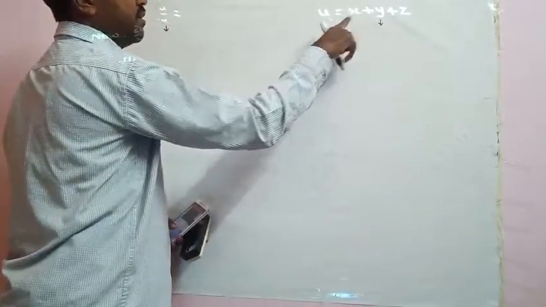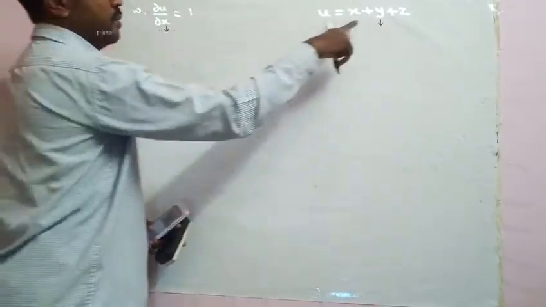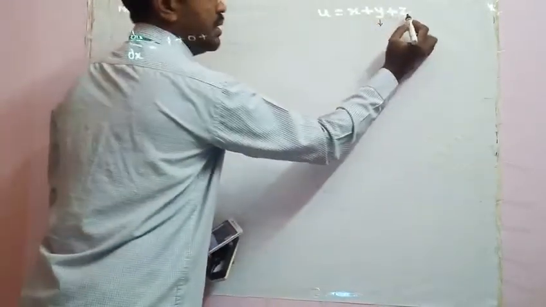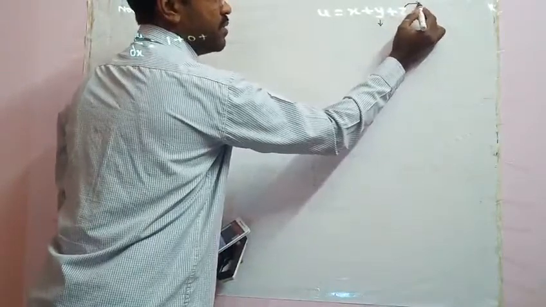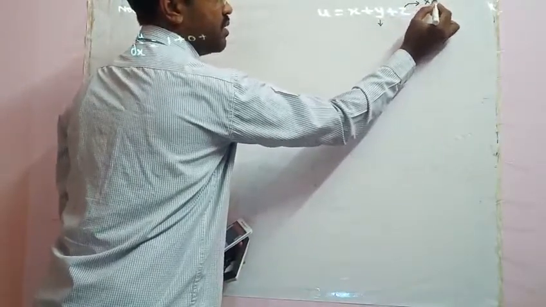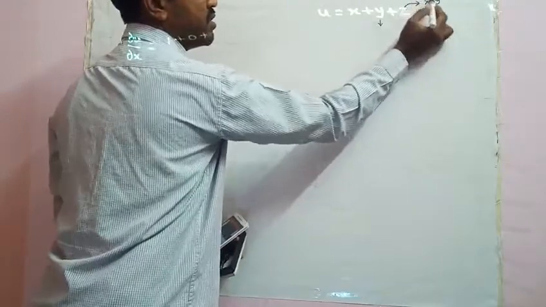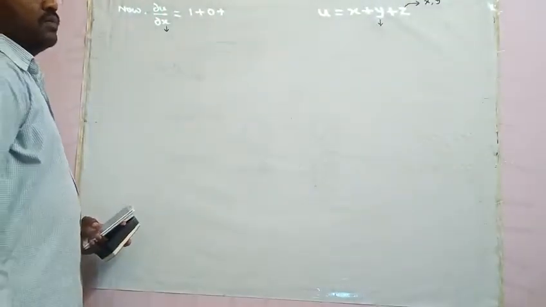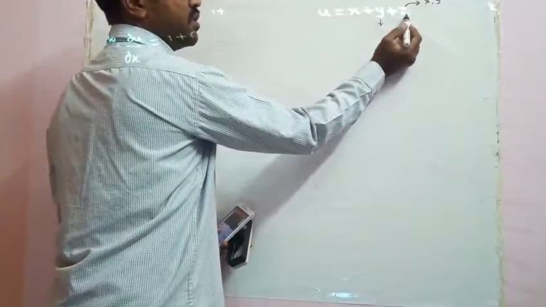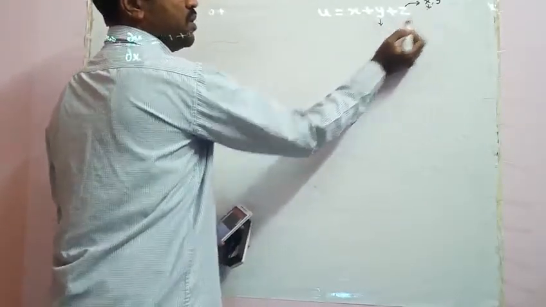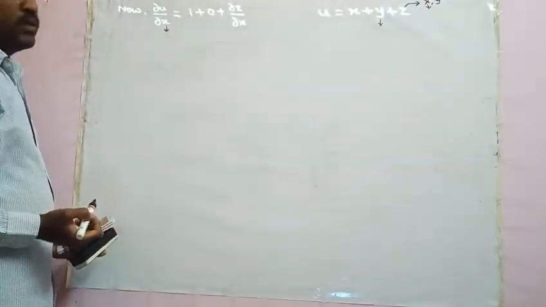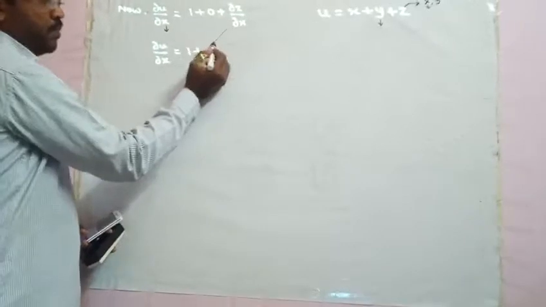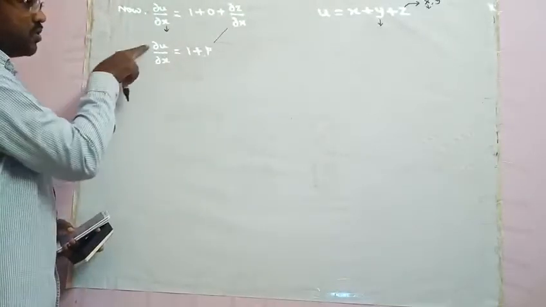Differentiation of x is 1, plus differentiation of y is 0, and z is considered a function of x and y, so its differentiation with respect to x is dou z by dou x. This dou z by dou x can be taken as p. So this is our dou u by dou x.